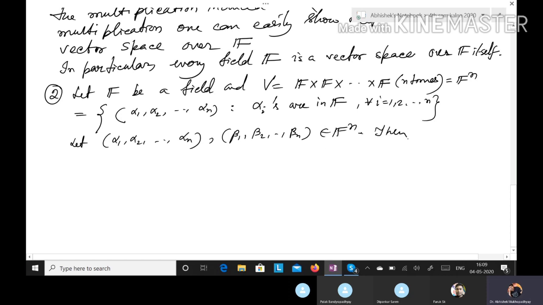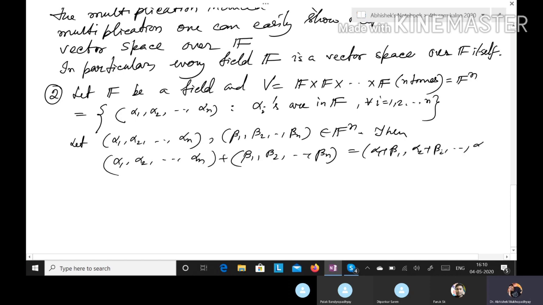Then the addition, which is component wise, is alpha 1 plus beta 1, alpha 2 plus beta 2, alpha n plus beta n.